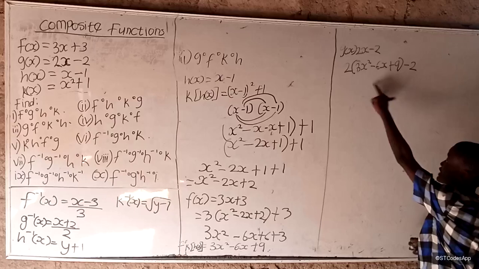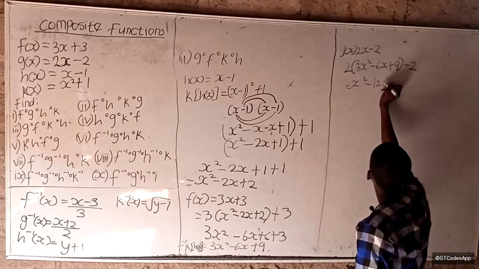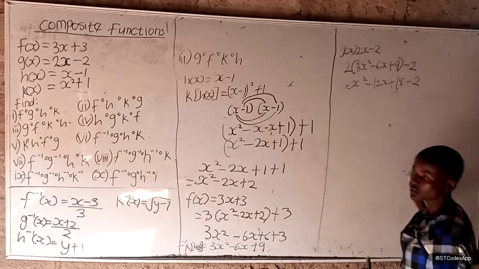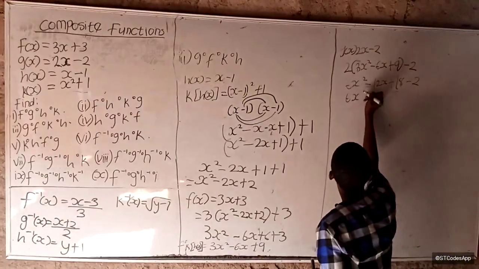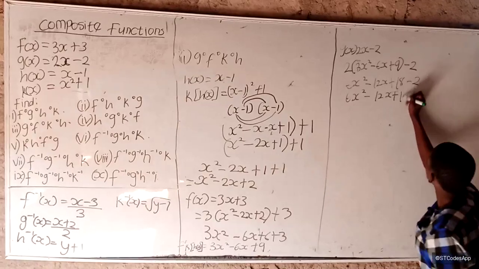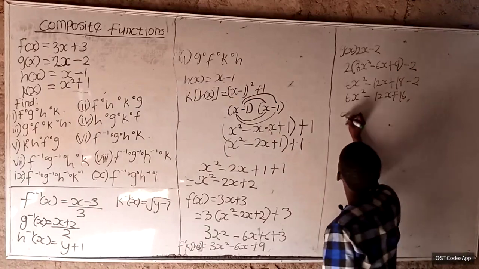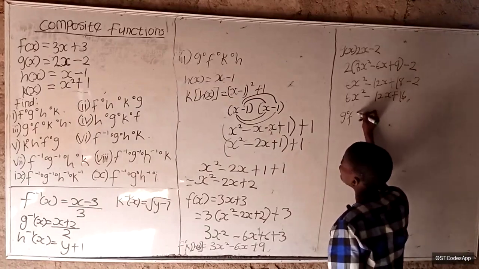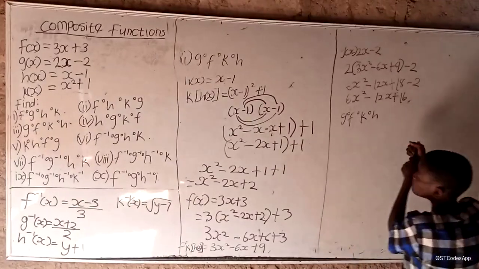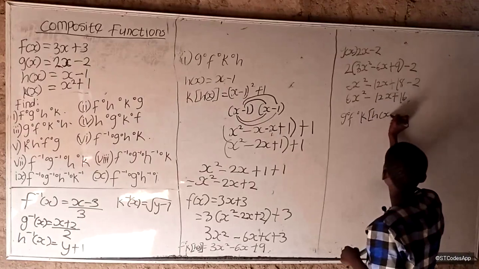So opening the bracket with 2, we have 6x squared minus 12x plus 2 times 9, 18, minus these 2. So we have 6x squared minus 12x plus 18 minus 2 is 16. So this is the final expression for the function g of f of k of h of x.